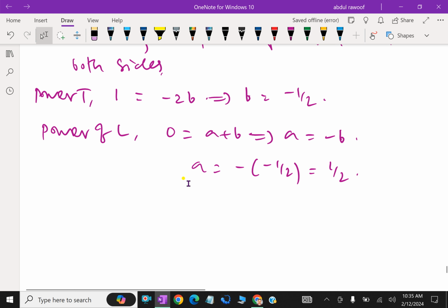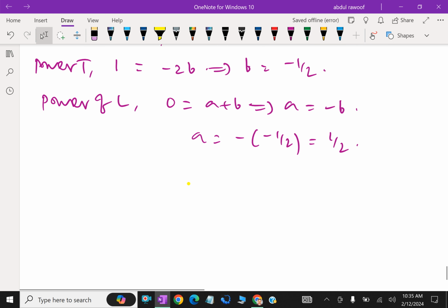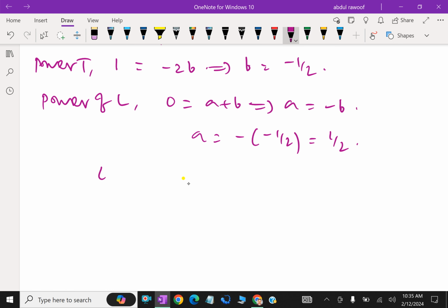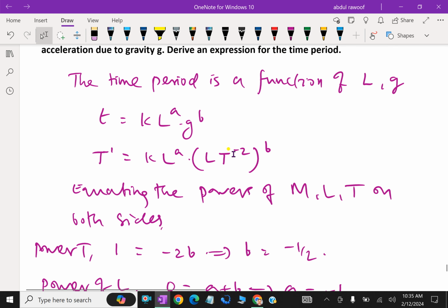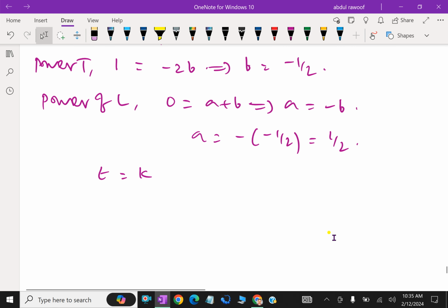Then substitute in the equation, T equal k times L power a, g power b.